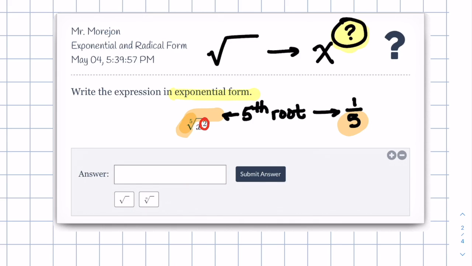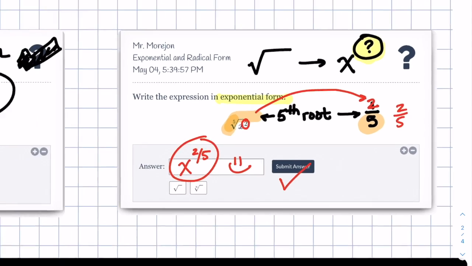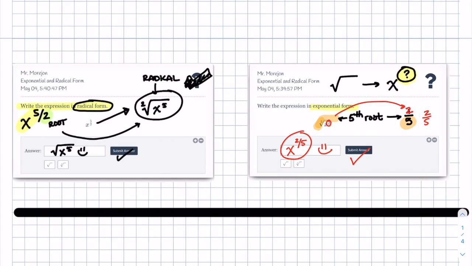So you're going to take that 2 and that's going to go to the top. So your fraction is going to be 2 over 5. So this should be x to the 2 over 5. Yay, submit.